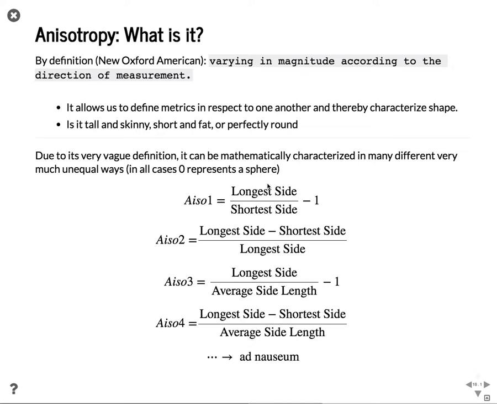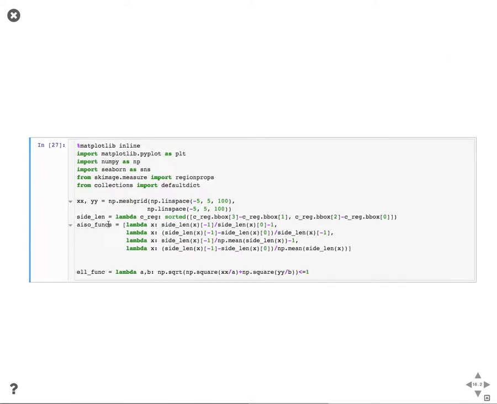But there's not any clearly defined metric which is the standard definition for anisotropy. So you'll need to be aware of that: when something mentions anisotropy, there's not an obvious thing that you can use to recalculate it unless they give you the formula they used. But typically, the values are such that if it's a sphere or a circle, it should be 0, and the bigger the value is, the more anisotropic it is.